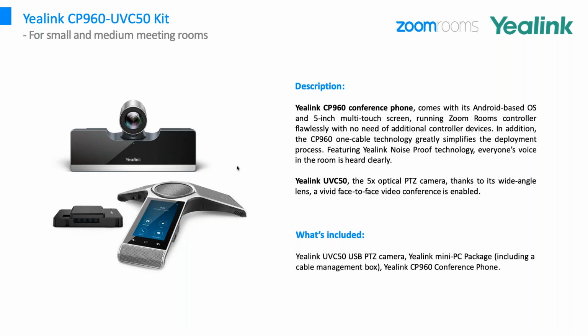You can also control the camera left, right, up, and down because it is PTZ, through the controller software on the CP960. But this bundle, again, based upon its price point and the components in the package, is really designed for a mid-sized meeting space, conference rooms, small classrooms, probably under maybe 20, 25 feet by maybe 10, 15 feet, give or take a few.